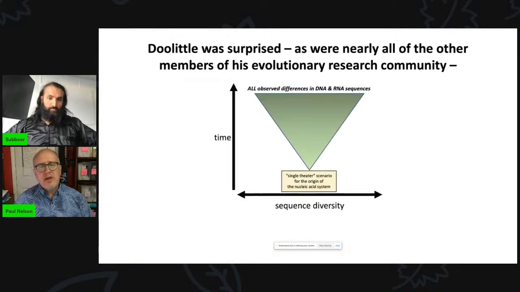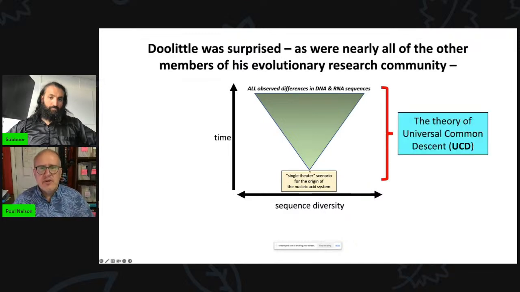It's a mystery because in his mind, as an unquestioned background, he has this picture, what I'm calling here the single tree scenario for the origin of the DNA, RNA, protein system that's ubiquitous across life on Earth. This happens once.